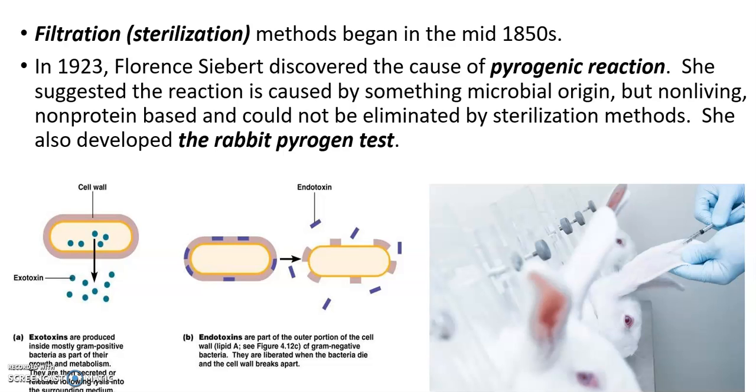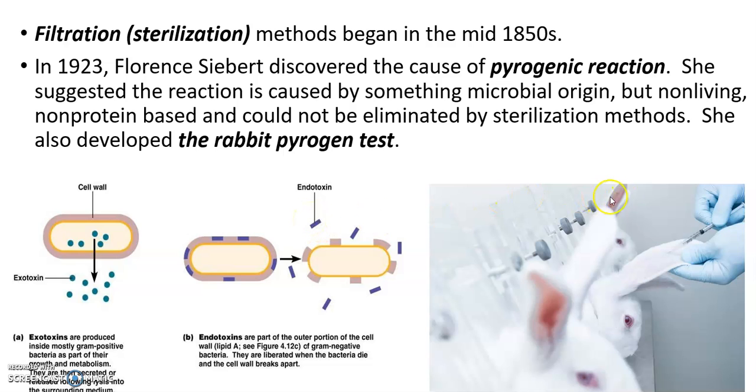Pyrogen, another word for which is endotoxin, is actually not a toxin produced by bacterial cells. Exotoxins are special toxins that are made by bacterial cells and released, but endotoxins are not toxins. Actually, they are broken debris of the cell wall of gram-negative bacteria like E. coli, and they work as toxins when they come into the human body.